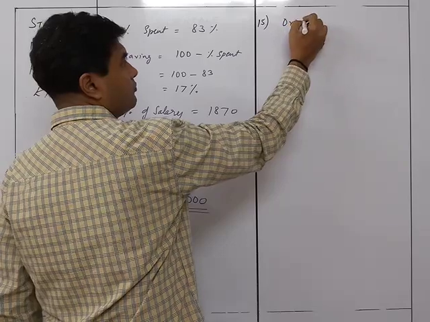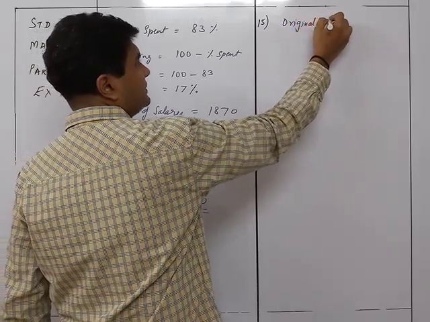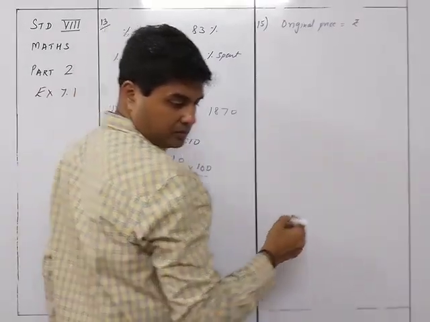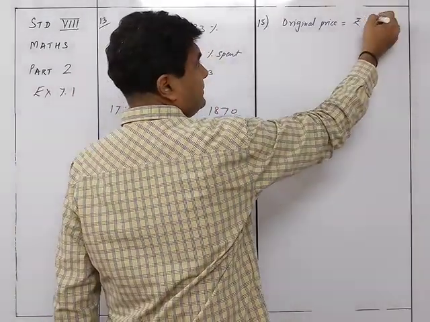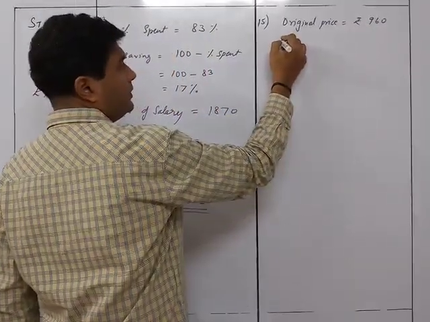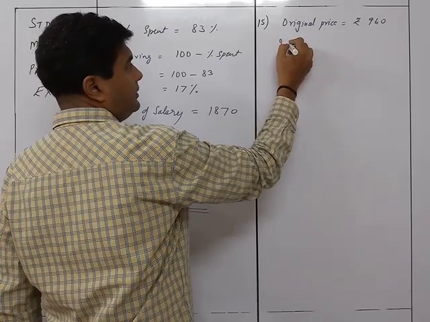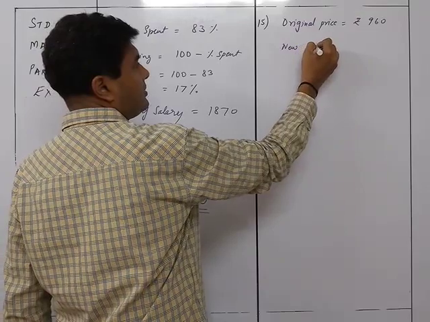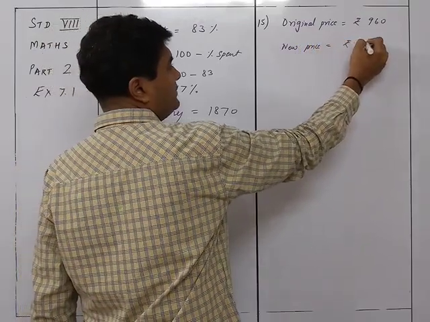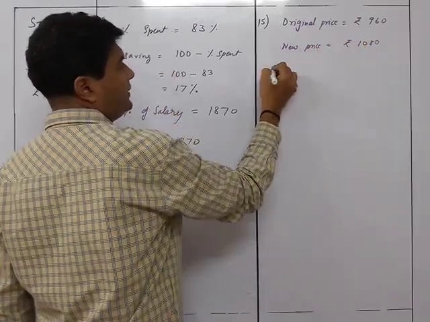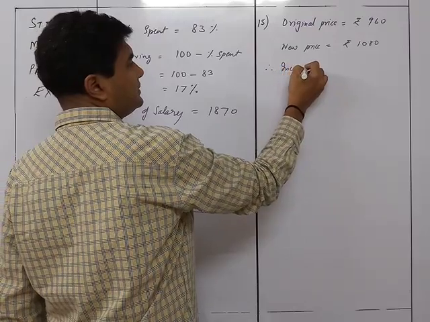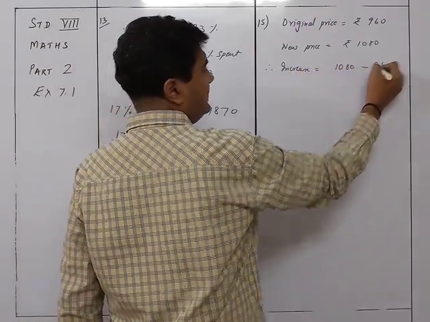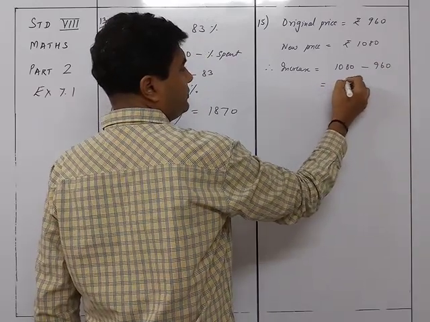Original price is equal to rupees 960. New price is equal to rupees 1080. Therefore, increase is equal to 1080 minus 960, which is rupees 120.